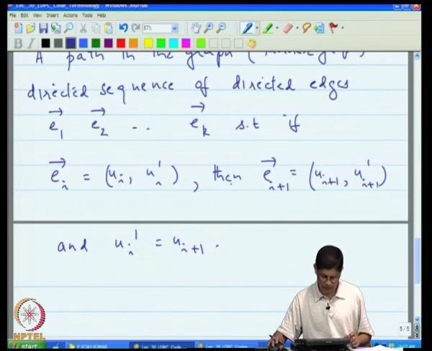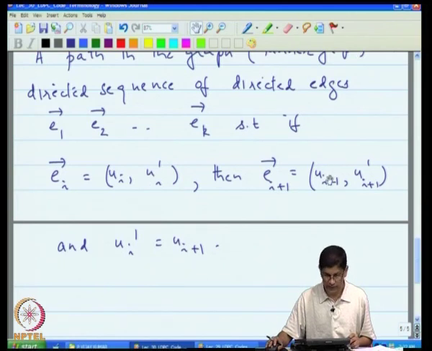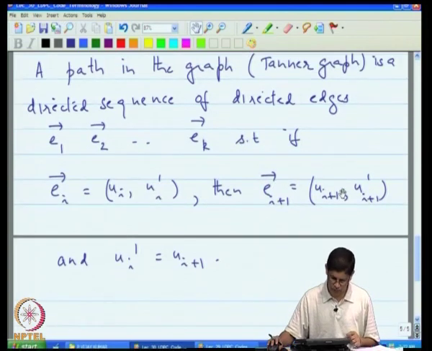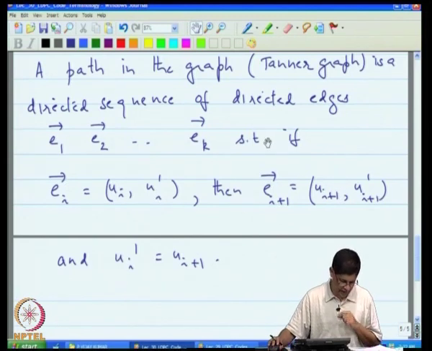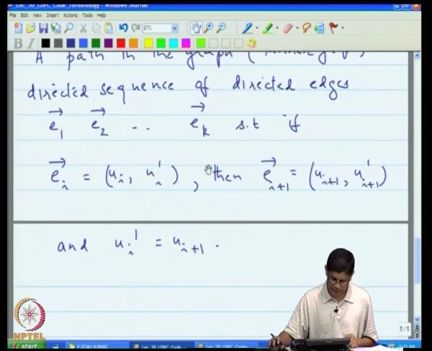Okay. So, in other words, we are thinking of these two edges as being contiguous and leading from one to the other. So, this is a common vertex or a node. From U_i we are going to node U_(i+1), which is the same as this node, and then we are going to go to this node. So, this is what we mean by a path, and we say that the length of the path is, for example, here there are k directed edges.